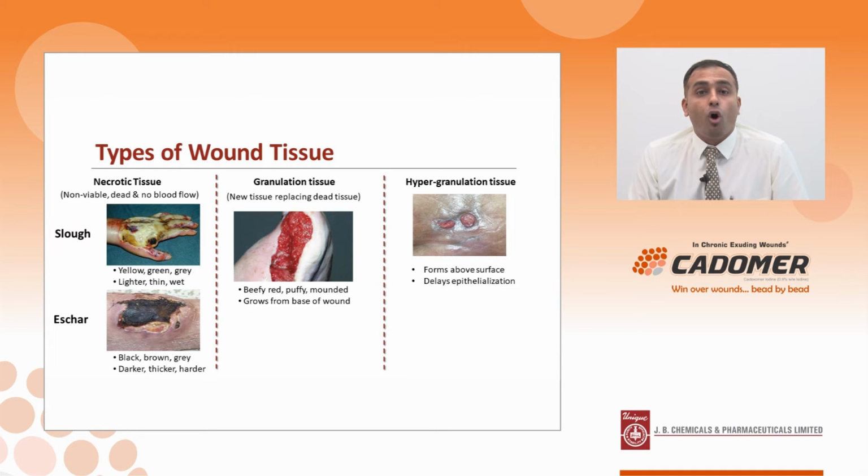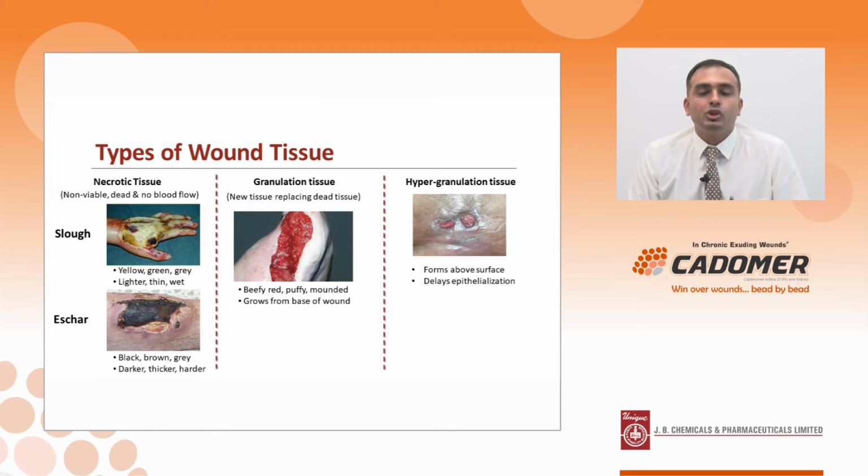Your doctor will always await this granulation tissue to form, as it marks the beginning of the wound healing process. You can see from this diagram it is red and puffy, which tells you that a number of tiny blood vessels are forming, and these blood vessels ensure the blood supply and nutrient supply to the tissues so that wound healing happens smoothly.